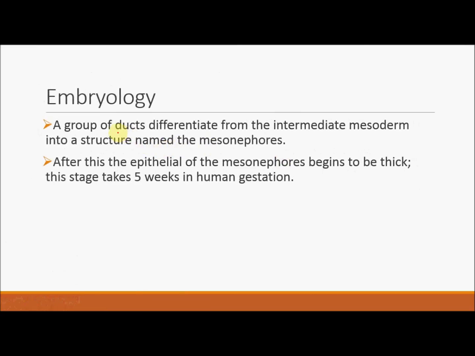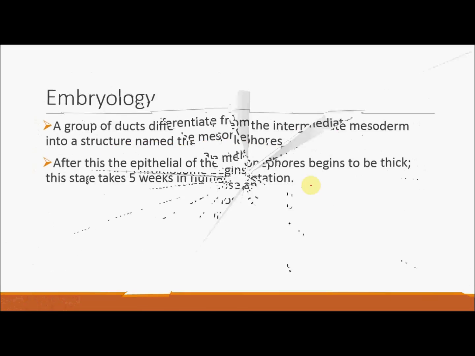Now, a group of ducts starts to differentiate from the intermediate mesoderm into a structure named the mesonephros. Mesonephroi are excretory organs that are produced during embryological development after 5 weeks of human gestation. The epithelia is very thick, and later on it will start to differentiate into the kidney and ducts.